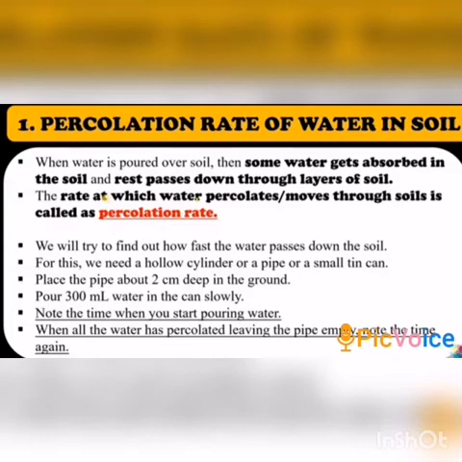Next, pour 300 ml of water in the can slowly. Note the time when you start pouring the water. When all the water has percolated, leaving the pipe empty, note the time again.